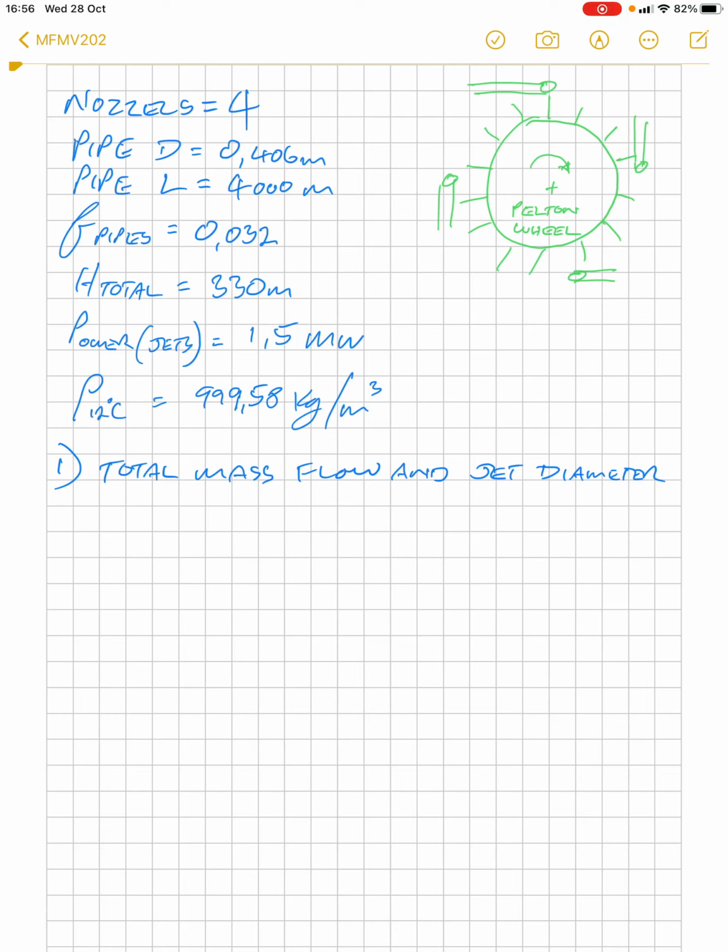So we know that for maximum conditions, HP is 2/3 of H total, because we have 1/3 lost due to friction in the pipelines.